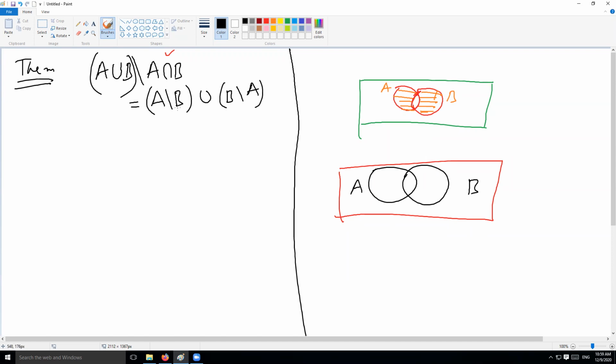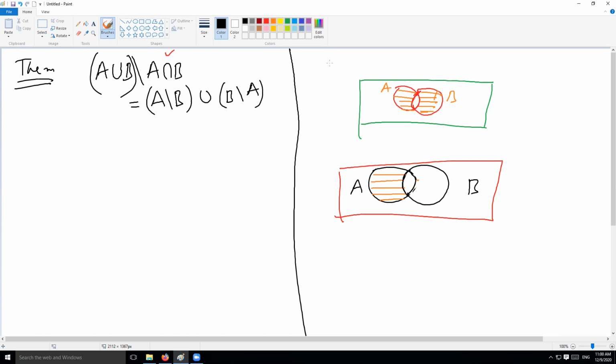From A, remove B. So let's first take the entire A, then remove the part of A that is common with B. So which is the part of A which is common with B? It's really this intersection part. So I removed it.